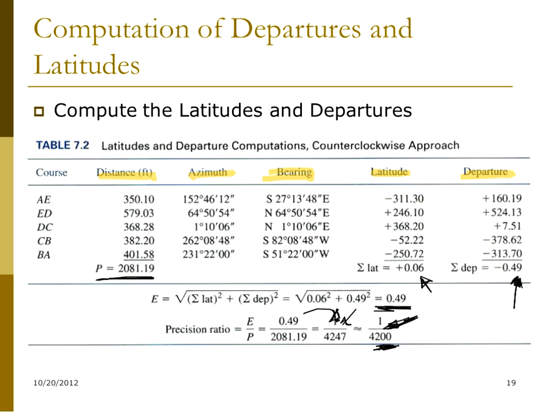And then 2081.19 divided by 0.49 gives you 4,247. And then we simply round to 4,200. So this particular traverse is good to 1 in 4,200. The precision of this traverse is 1 foot in every 4,200 feet.